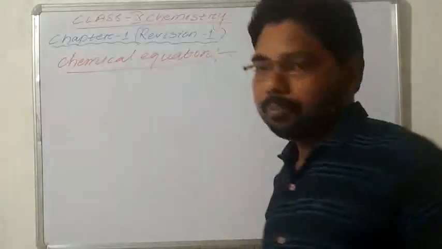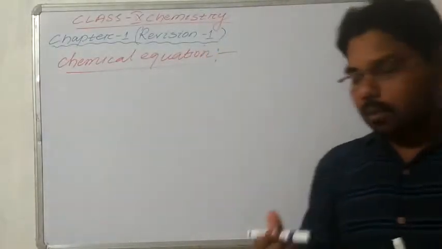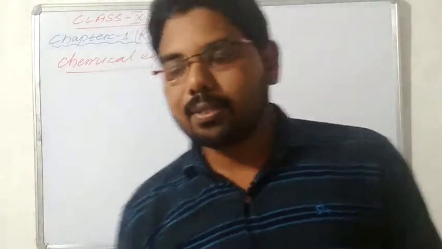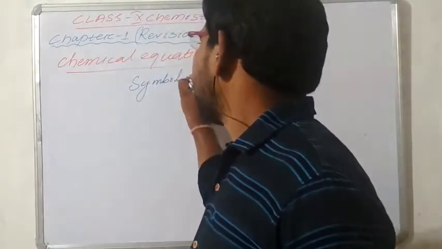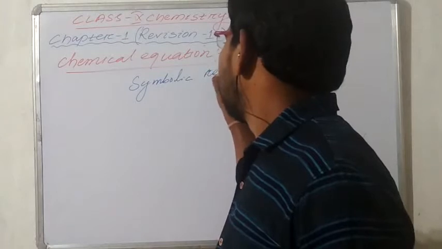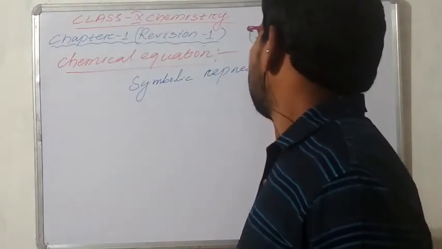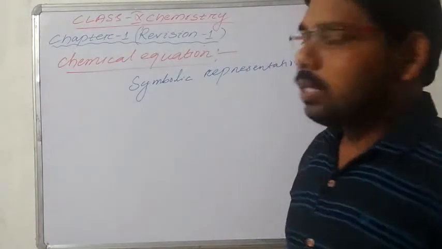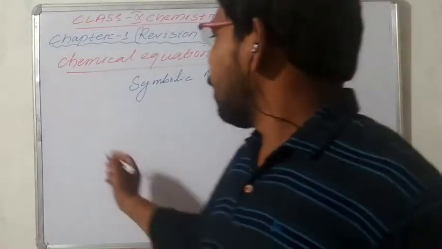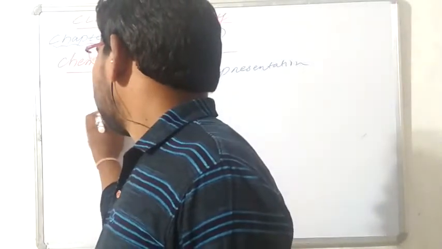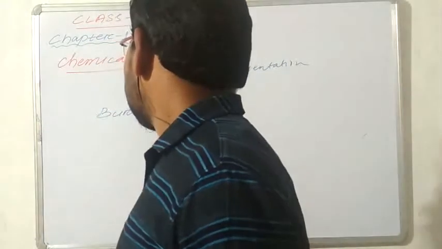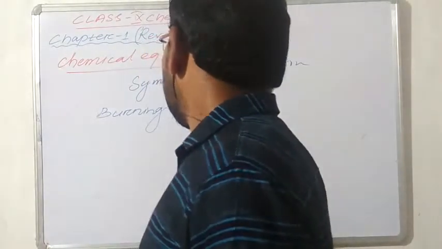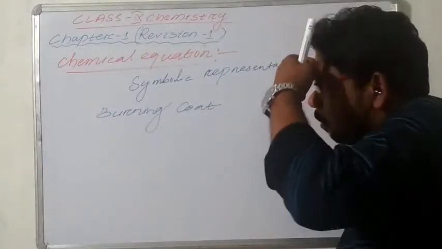Chemical equation: the symbolic representation of a chemical reaction. Suppose we write a chemical reaction, for example, burning of coal.